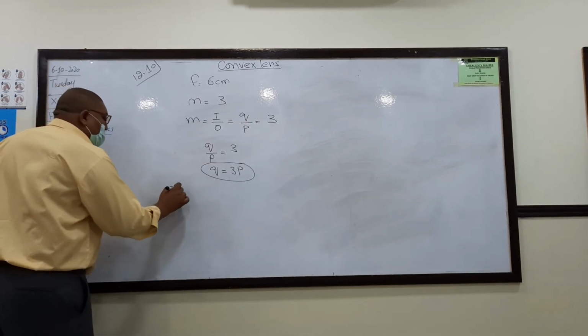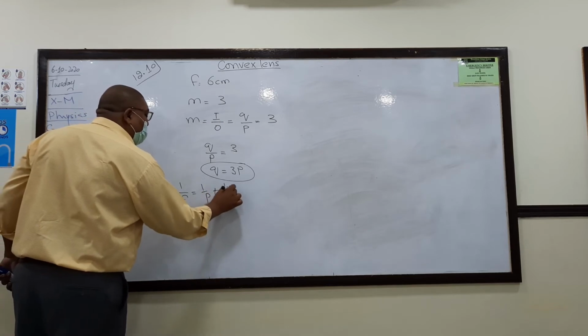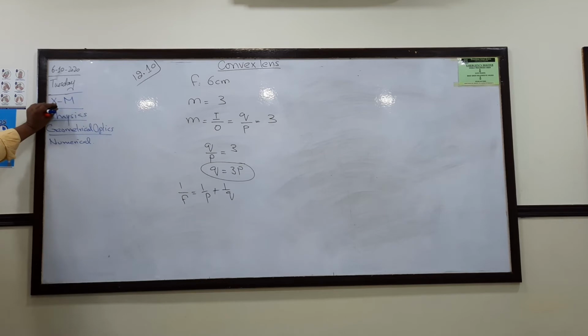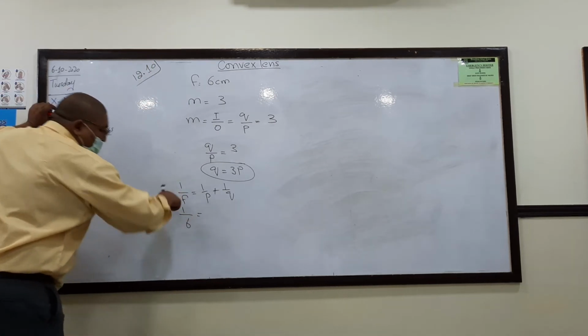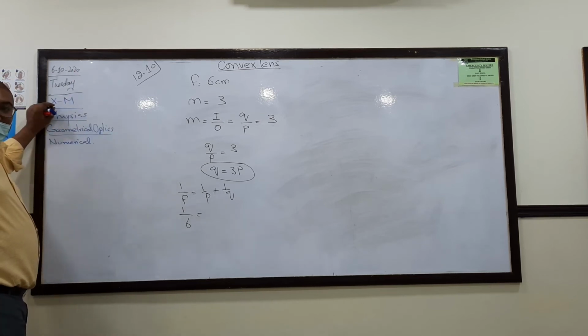You know the lens equation: 1 by F is equal to 1 by P plus 1 by Q. Basically, P is the question: what should be the distance between the object and the lens? 1 by F is 1 by 6. That means the F value is 6. It's a convex lens, so the focal length is positive.